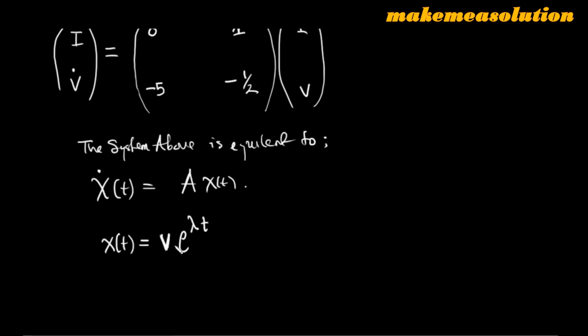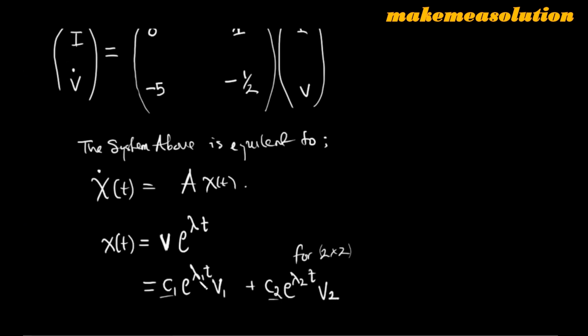This will expand, let's say for a 2 by 2 system, to c1 exponential lambda 1 t times our first eigenvector v1, plus c2 exponential lambda 2 t times v2.